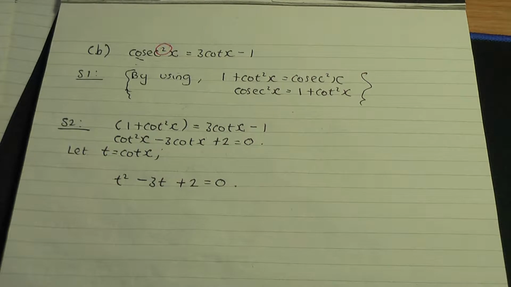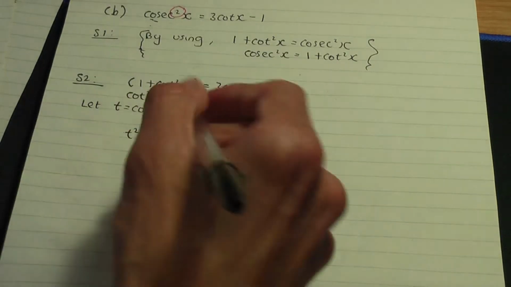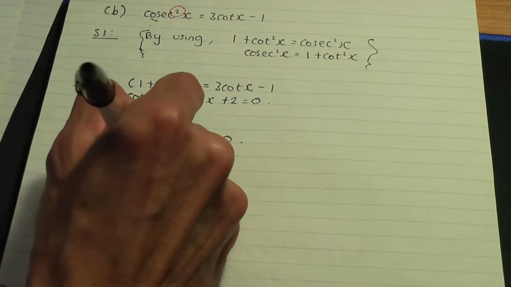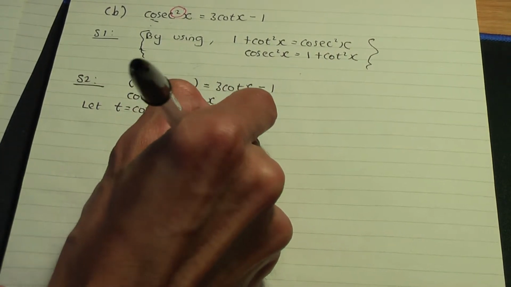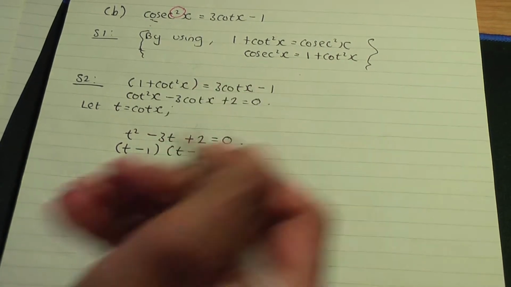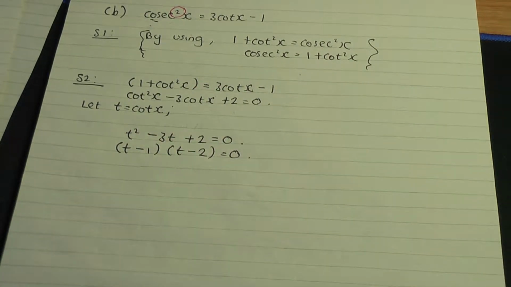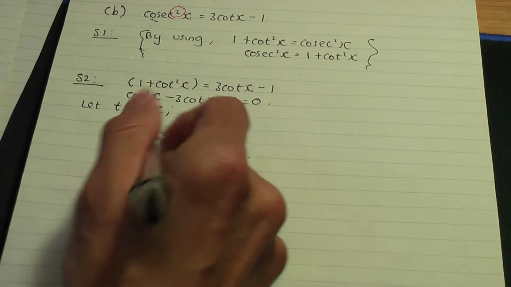If your factorization is well and good, you will be able to factorize that straight away. The factors would be t minus 1 and t minus 2, equal to 0.